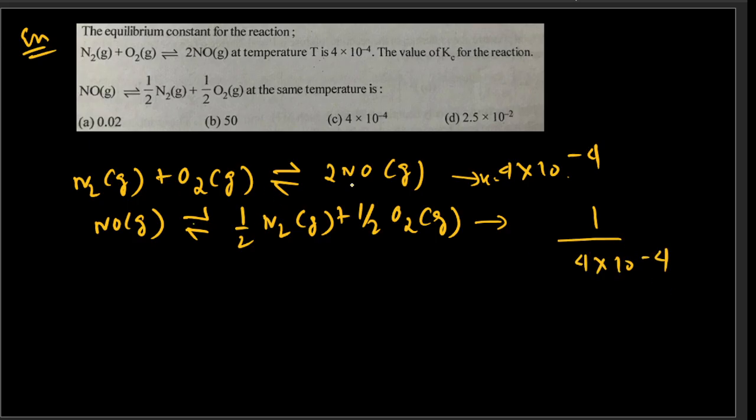And here they divided each of the molecules by 2, so you raise to the power 1 by 2. So basically they reversed it and multiplied by 1 by 2. So the equilibrium constant gets the power 1 by 2, and since they reversed, it gets inverted. So this is the K. If you solve it, what will be the answer?